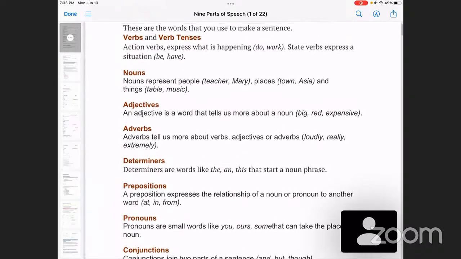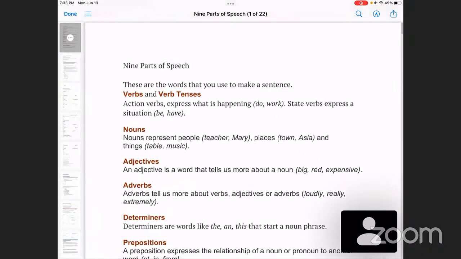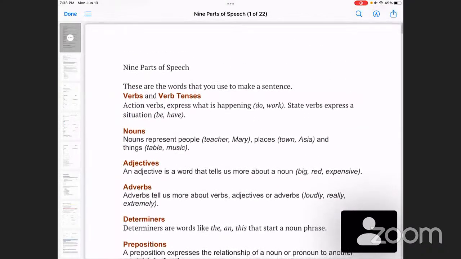Now, you will all ask me, what are these fancy words? What do they mean and what do they stand for? So let's start with the first one, nouns. I'm sure you all would be knowing what nouns are, but let's revise it. Nouns represent people, as in teacher, Mary; places like town, Asia; and things, table and music.